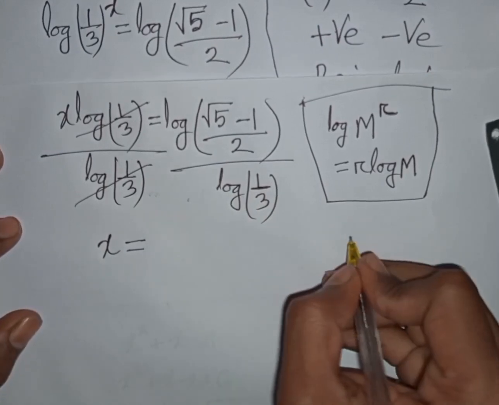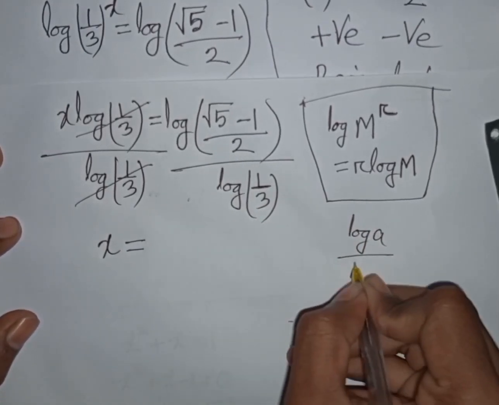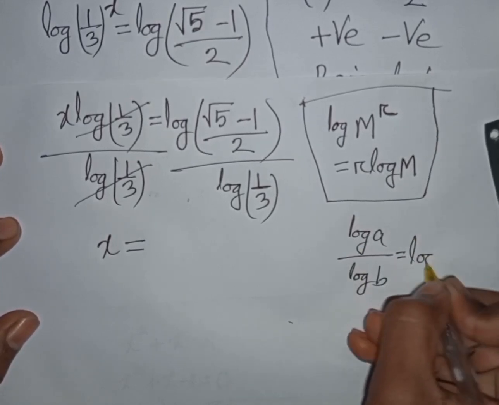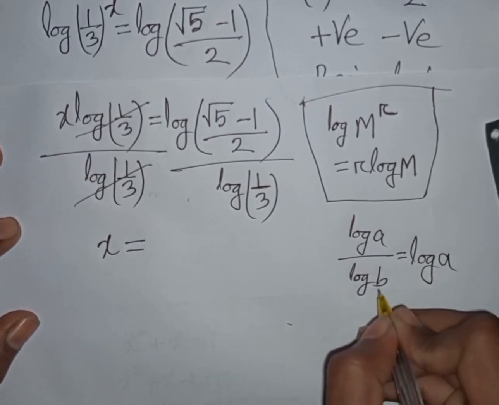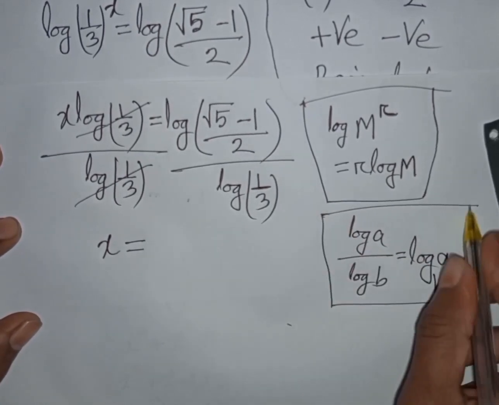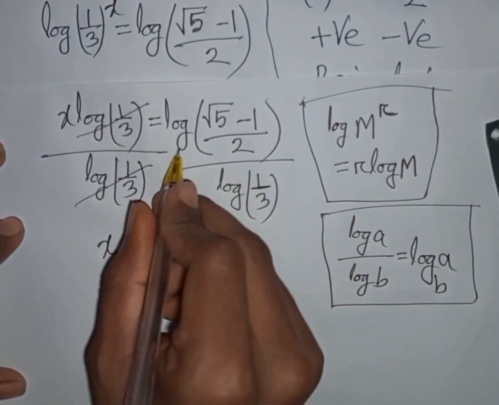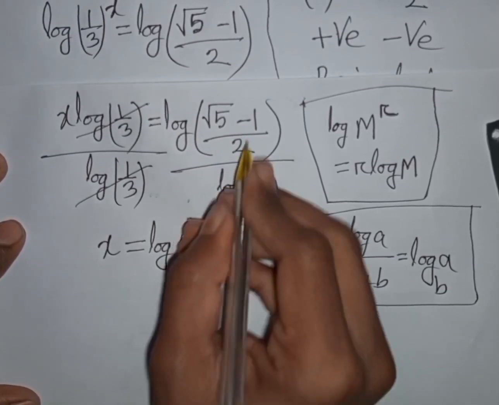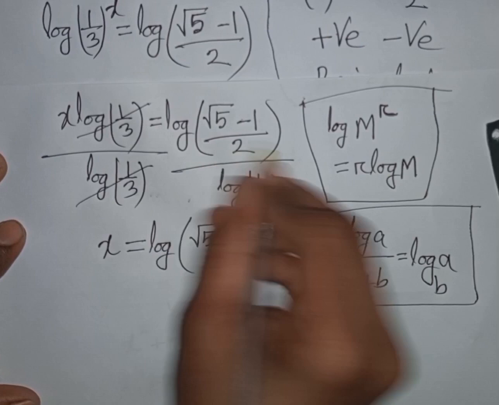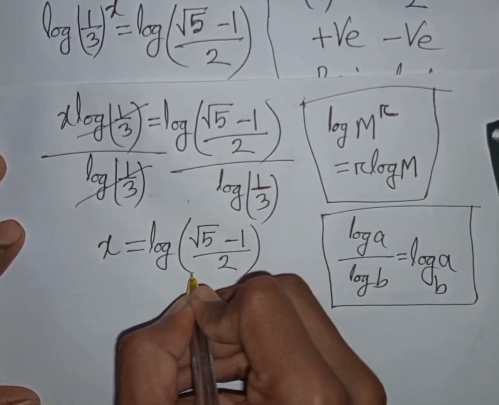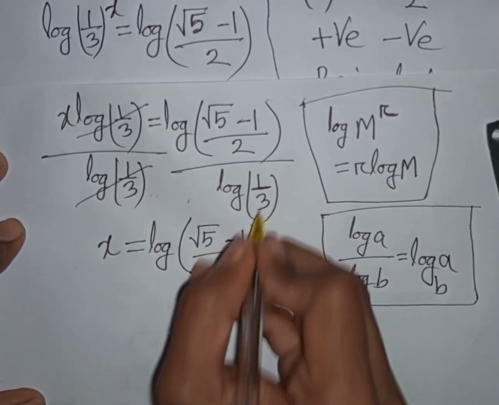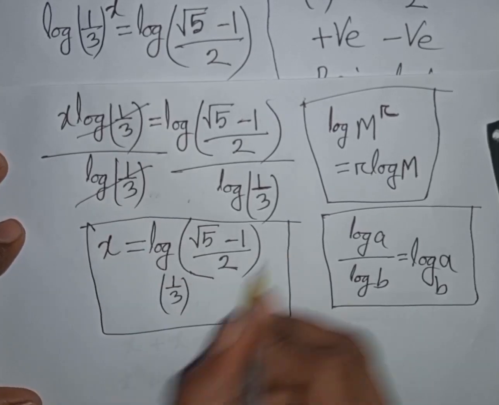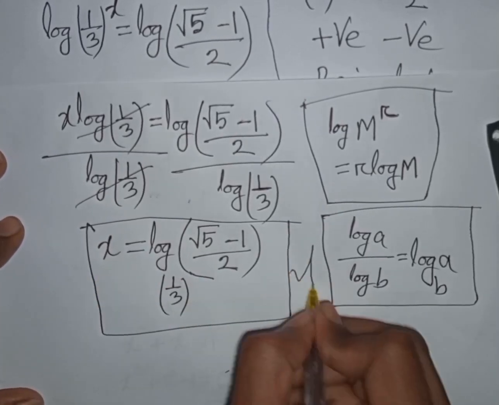That means here I can apply the formula log a divided by log b is equal to log a base b. So according to this formula, it will be log of (square root of 5 minus 1) over 2, with base 1/3. So this is the value of x. This is our final answer.